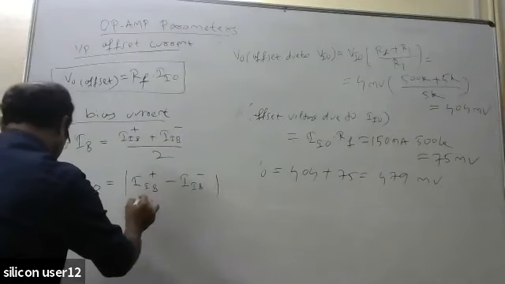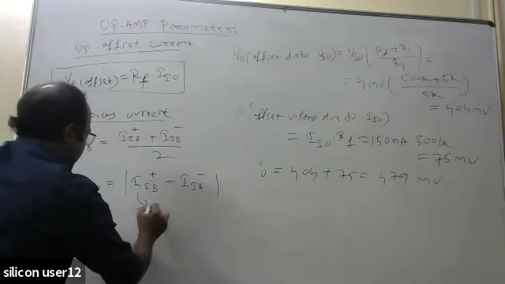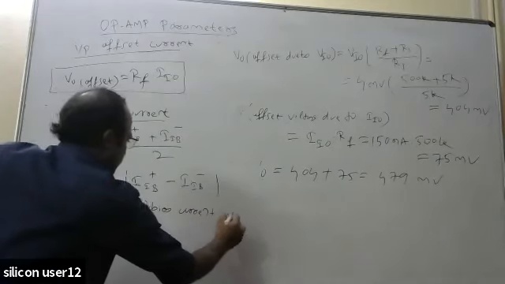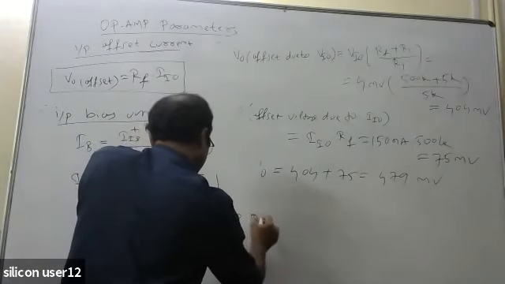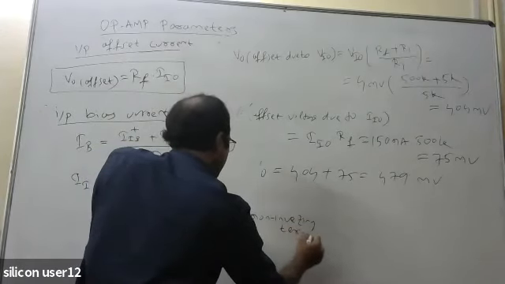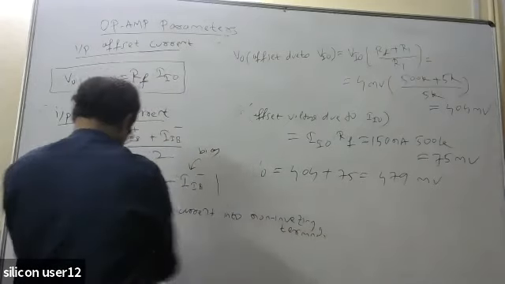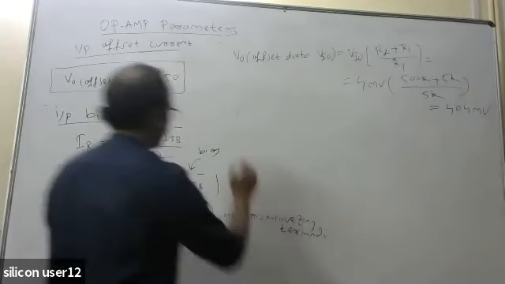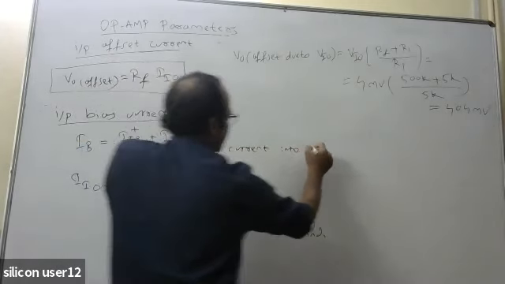So here IIB plus is the bias current into the non-inverting terminal, and this one, IIB minus, is the bias current into the inverting terminal.